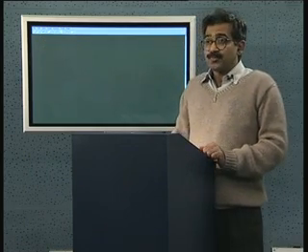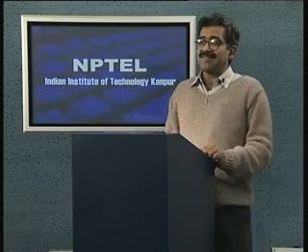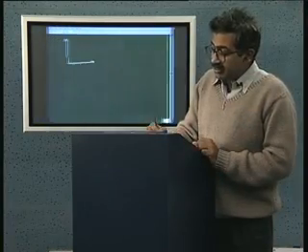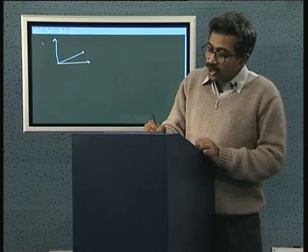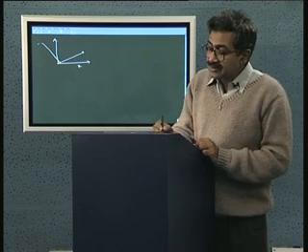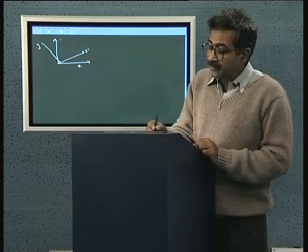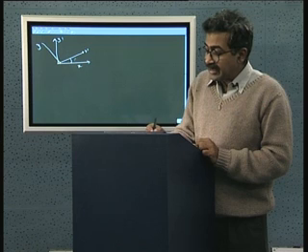So what do I do? Let me write down the coordinates x, y, z in terms of x prime, y prime and z prime. As usual, I will not consider the most general rotation, but I will consider the simplest of rotations, namely around the z axis. So I have x, y, x prime, y prime and my theta here.